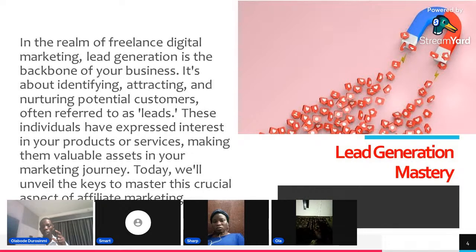Remember the caption, you are looking for people who are looking to buy that product. You are looking for people who are already searching for it. So by the time you put your ad out, you have to make sure that you segment your audience. When I say your audience, that is the people you are targeting. You segment them in such a way that they are the people that are looking for that product. I don't know if you understand what I'm saying. So that is one part of paid traffic.